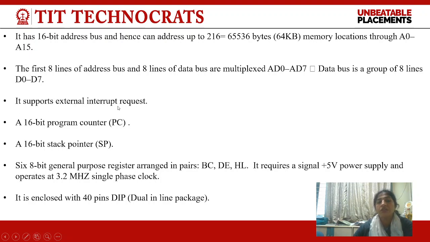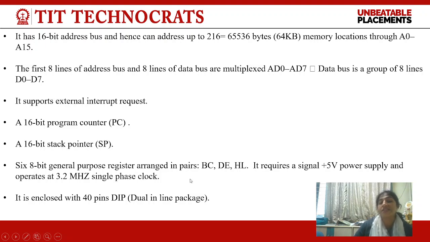It supports external interrupt requests. It has a 16-bit program counter. It has a 16-bit stack pointer. It has 8-bit general purpose registers, for transferring the data, for storing the addresses, for storing the result.